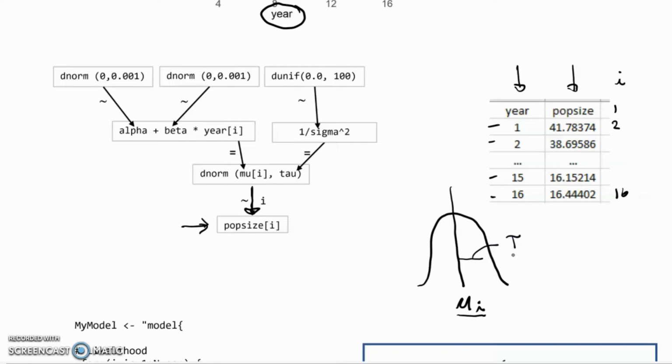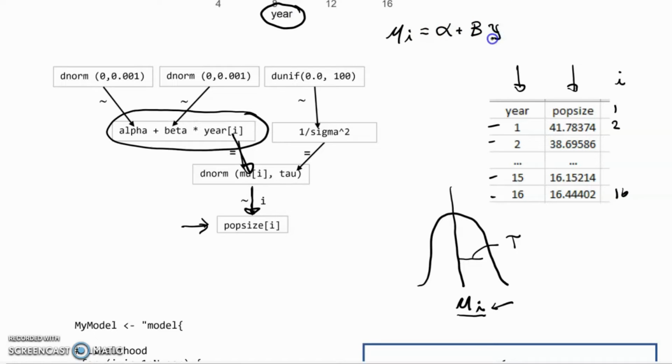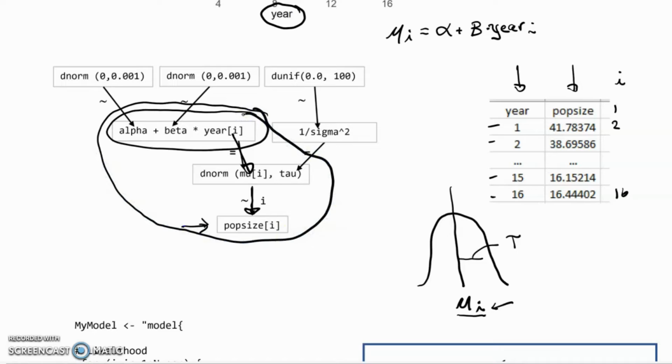Now, in terms of our mu i, we're going to model it like this. That's what mu i is equal to. So mu i is going to be equal to alpha, the intercept, plus beta, the slope, multiplied by year i. So that's going to be a likelihood function right there.